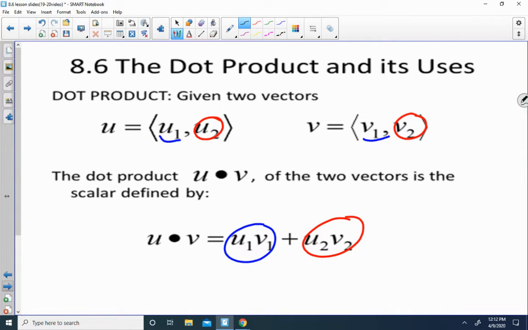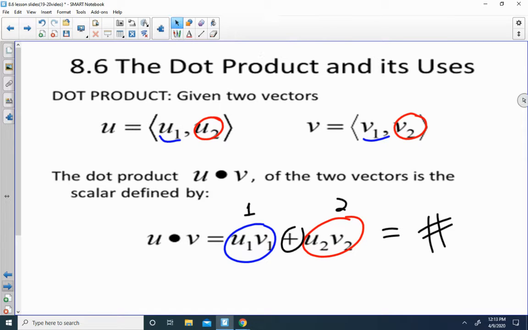Once you have those two numbers, you just add them together, and that will give you the official dot product answer. So that's it. You multiply the first numbers, then you multiply the second numbers, and then you add them together. And that's the dot product.